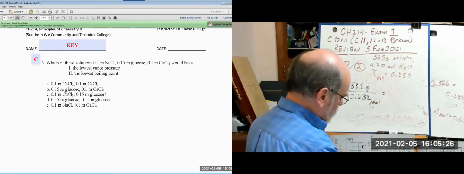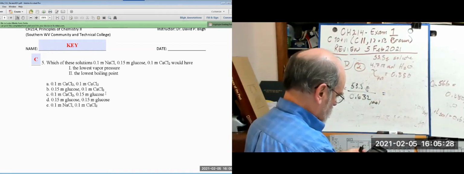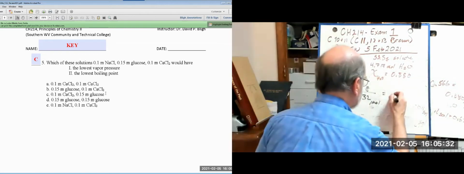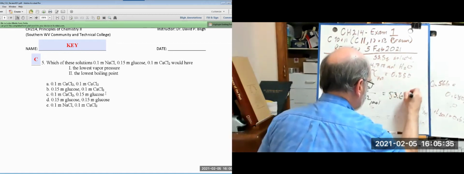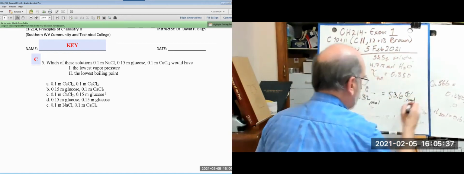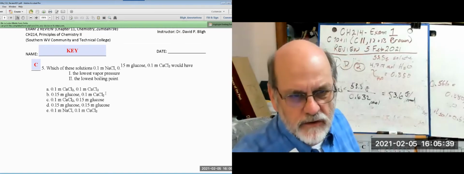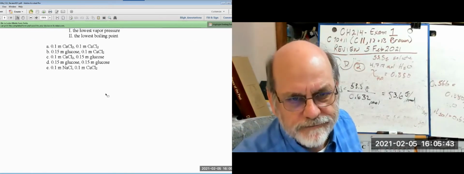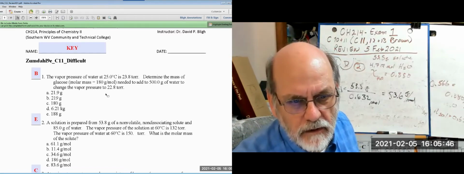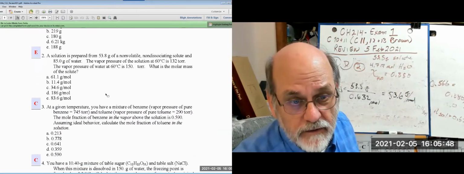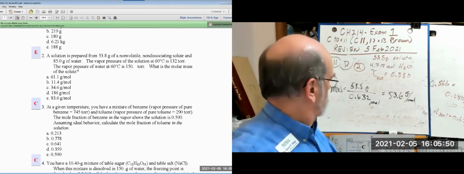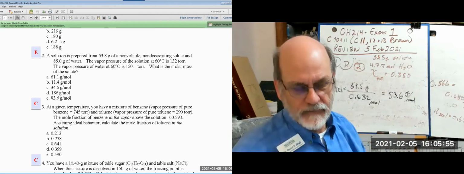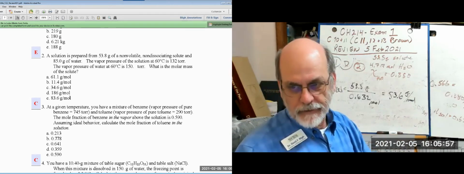So that should be equal to 83.6 grams per mole. Is that one of the answers? Let's see. Oh, I'm sorry, I didn't scroll down. There it is, number 2. 83.6, is that one of them? Yeah, E. Okay, so that answers the question.